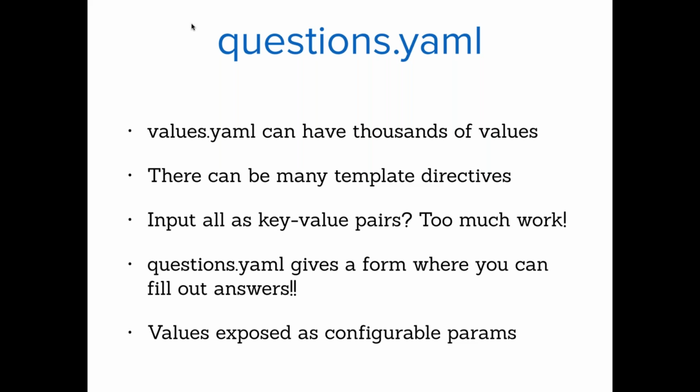So if you have to set multiple answers, you will have to keep on passing multiple key value pairs. This can be tedious, but instead of that, we have this questions.yaml file, which presents you with a form where you can just fill out all the answers. As opposed to passing these key value pairs where you have to make sure that you are also passing the right key, you can just fill out the answers to these keys.